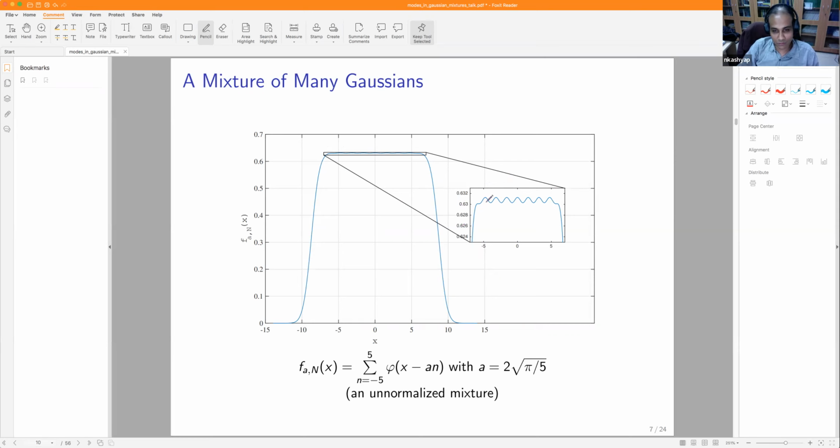If you want to analyze how many modes a density like this will have, you have to be able to handle variations that are quite small. We will see exactly how small these variations are going to be.